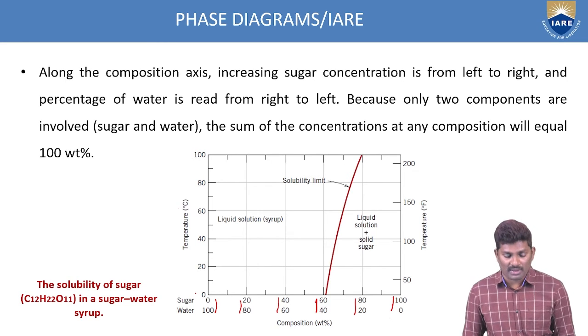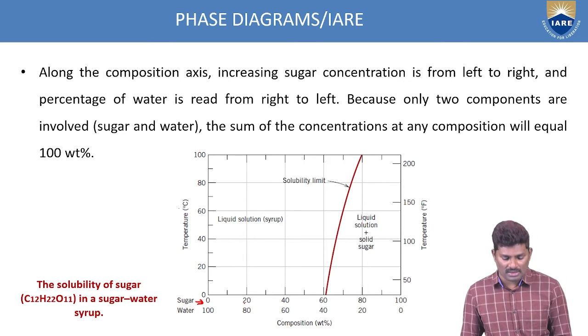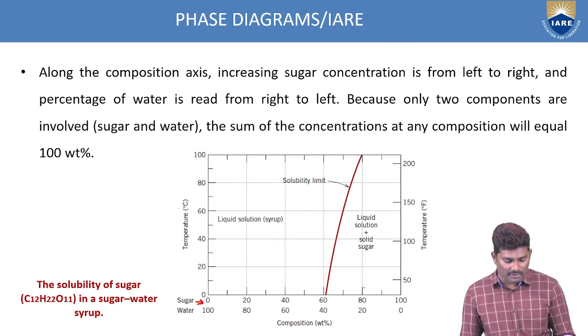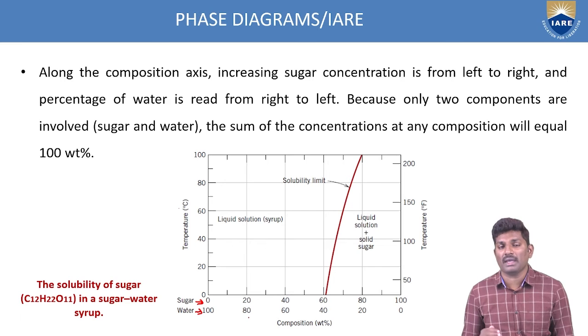Now, if you observe clearly, in the x-axis, sugar is starting from 0, increasing by 20%, still increasing by 40, 60, 80 and 100. Okay. Now, if you see the water percentages, initially it is 100, later it is becoming 80. Why is it becoming 80?